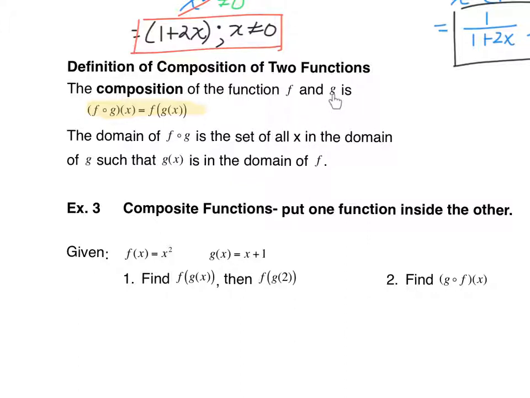If either one of these two is restricted, then the domain of the composition is going to be the most restricted domain of the two. Okay, so look at example 3.